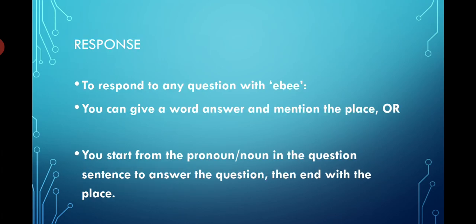Now, usually when you ask questions, you expect responses or you give responses if you're the one they're asking. So to respond to any question with EBEE, 1, you can give a word answer and mention the place. Or you start from the pronoun or noun in the question sentence to answer the question, then end with the place.